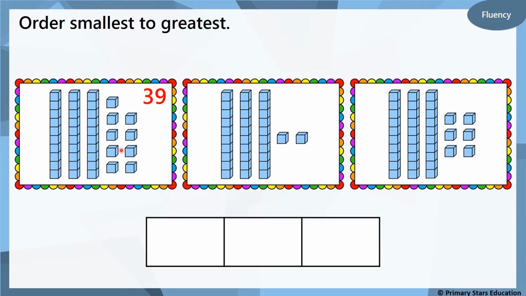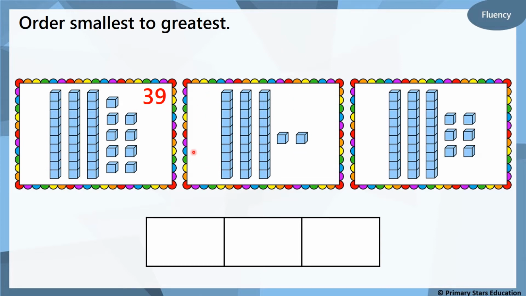So, how many tens and ones do we have here? We've got 10, 20, 30. So 3 groups of 10 makes 30. How many ones? 1, 2, 3, 4, 5, 6, 7, 8, 9. So altogether we have 30 add 9, which is 39.